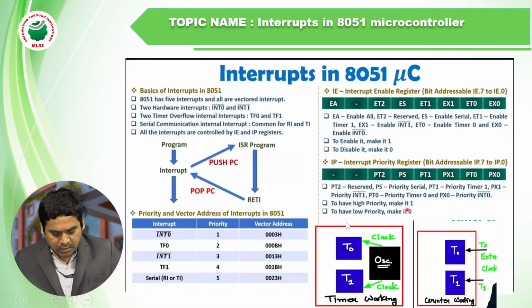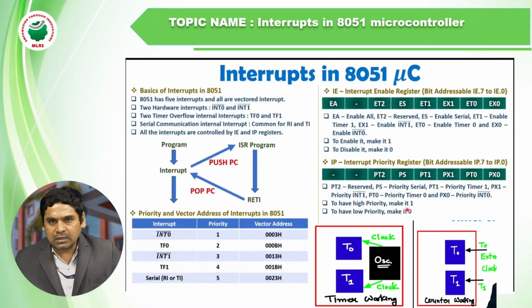Here are the priorities and vector addresses of interrupts in the 8051. We know INT0 bar and INT1 bar are hardware interrupts, and TF0, TF1, and RI or TI are software interrupts. T0 and T1 are two timers.